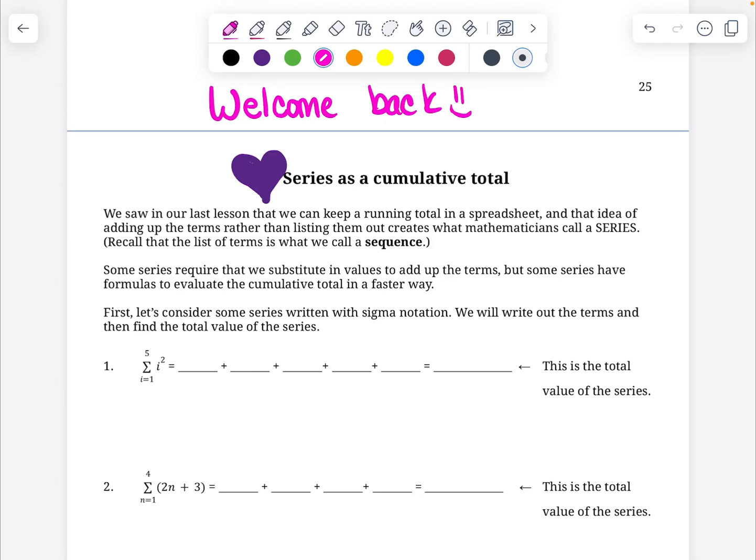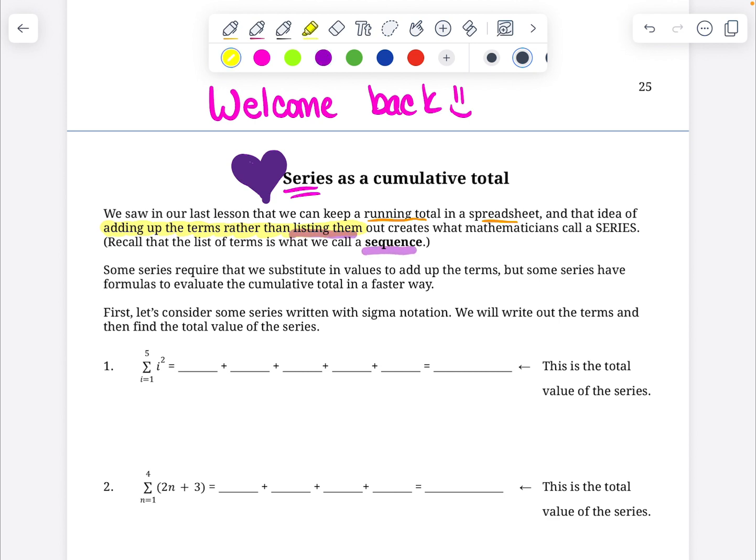So we are talking a little bit more about series, what that means, in terms of a cumulative total. In our previous lessons throughout this unit, we have most likely done a little with looking at a running total, possibly in a spreadsheet, and the idea that when you add up terms rather than listing them, so keep in mind that listing is a sequence, okay?